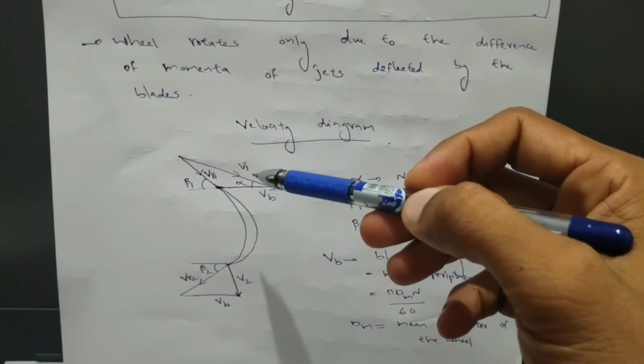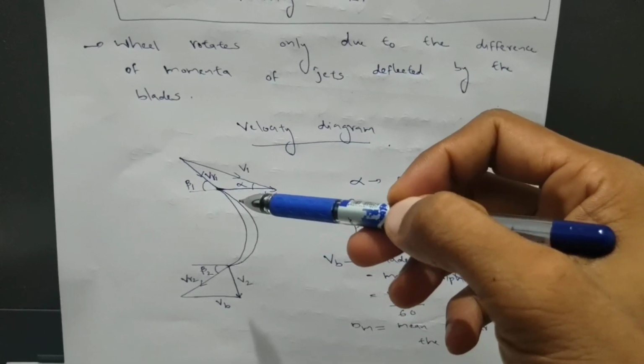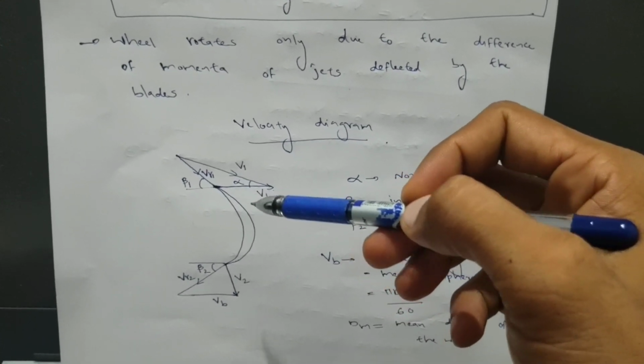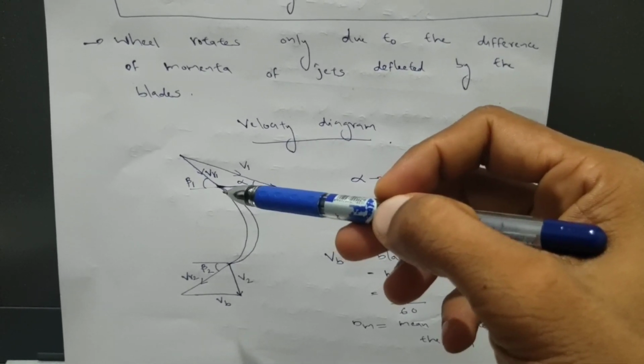But at the same time this blade is also moving. The blade is moving with the velocity vb.